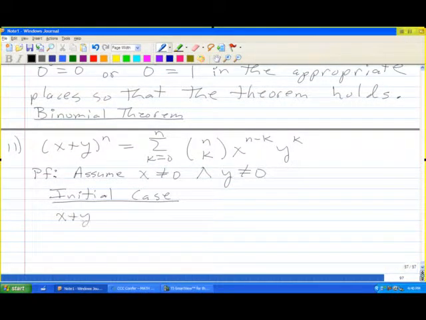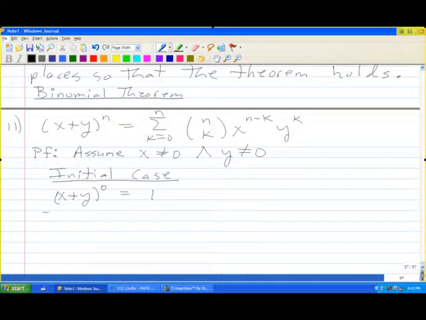Well, let's assume that n is 0. (x plus y) to the 0. Well, anything to the 0 is 1. Again, I've made the appropriate assumption that any non-zero number to the power 0 is 1. Next, let's look at the expansion. The sum, k equaling 0 to 0, of 0 choose k, x to the 0 minus k, y to the k.